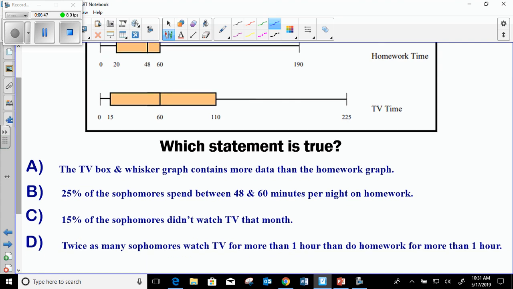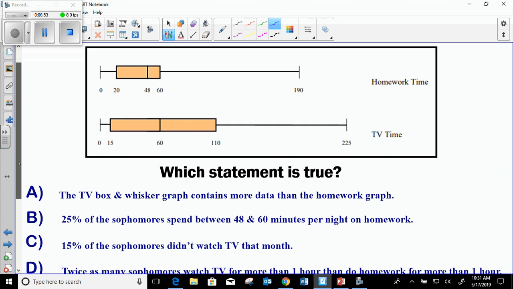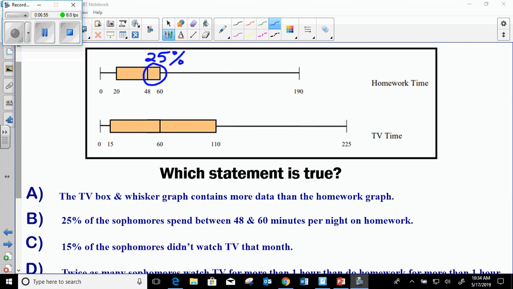D, twice as many sophomores watch TV for more than 1 hour than do homework for more than 1 hour. So pause the video and see if you can figure that one out. Okay, so if you notice, 25% of the sophomores spend between 48 and 60 minutes per night on homework, which was letter B.